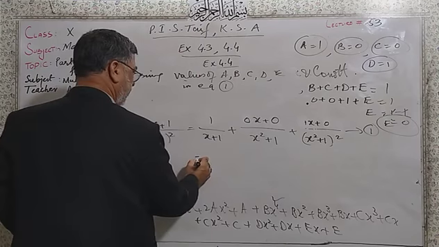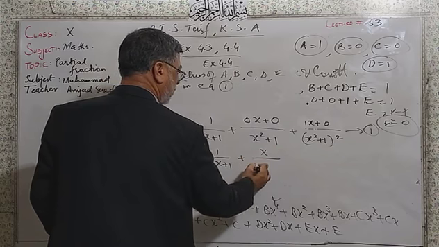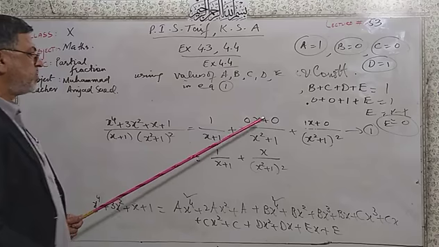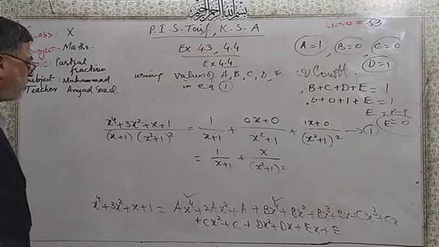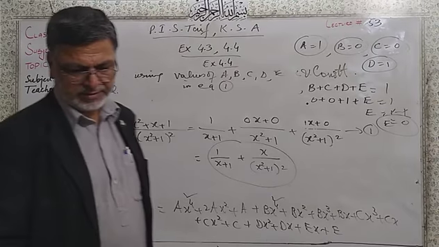So we have 1 over x plus 1 plus x over x square plus 1 whole square. Remember that this is 0 plus 0 is 0, 0 over something is 0. So this is your final result of the partial fraction.